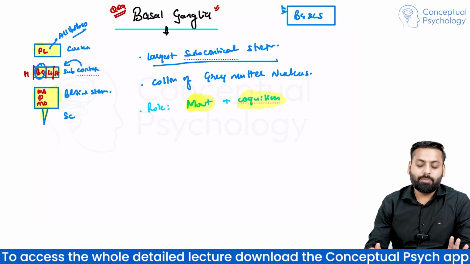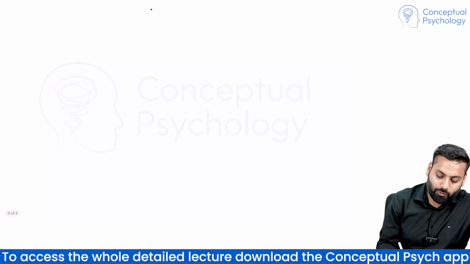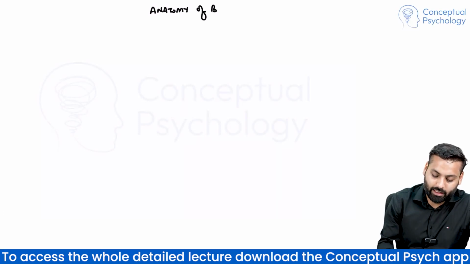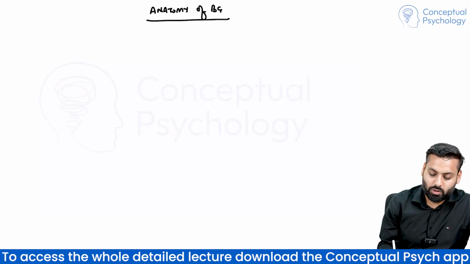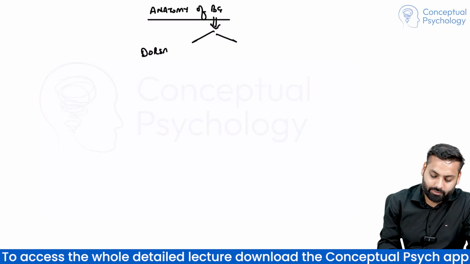Now, after the basic introduction, we move to the most important part, which is the anatomy of basal ganglia. And please pay attention. The basal ganglia is divided into two parts, the dorsal part and the ventral part.